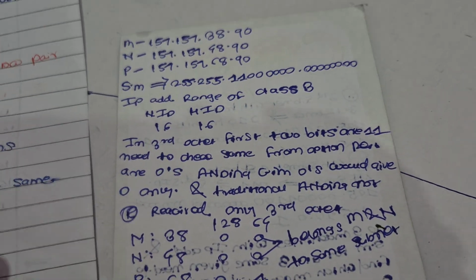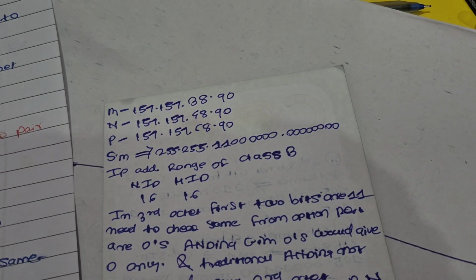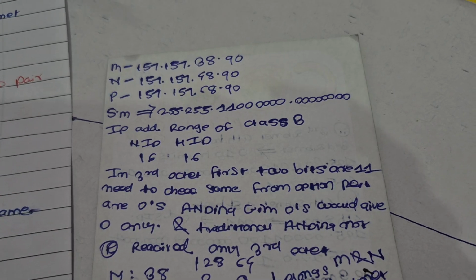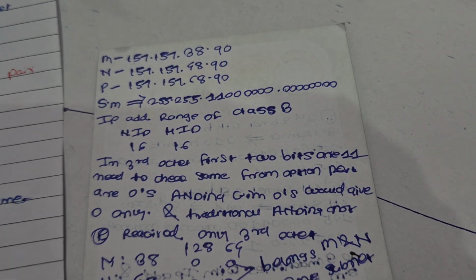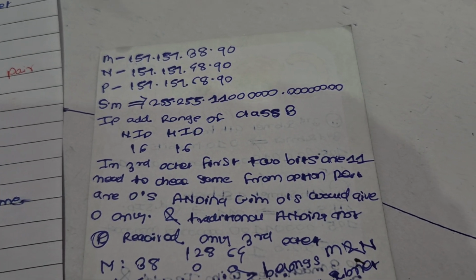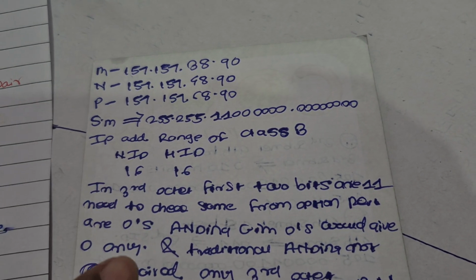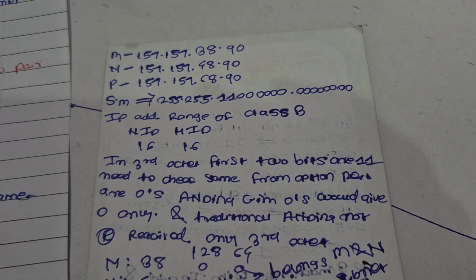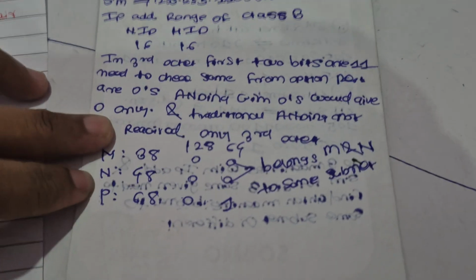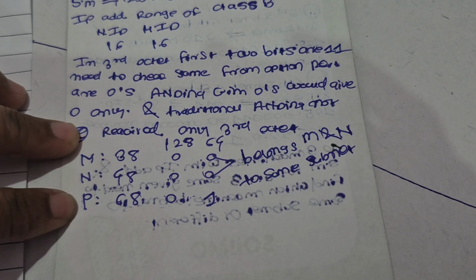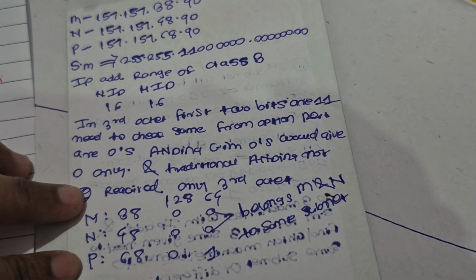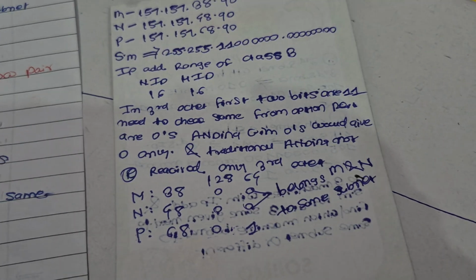And we are not going to do the traditional bitwise ANDing between the subnet mask and IP address, because it would be really long. There is a shortcut. If you see, the first two octets are the same in all 3 options, and the last octet is also the same, only the third octet is different. For M, N, P I have taken the different octet only, and since only 2 bits we need to see, take 128 and 64.